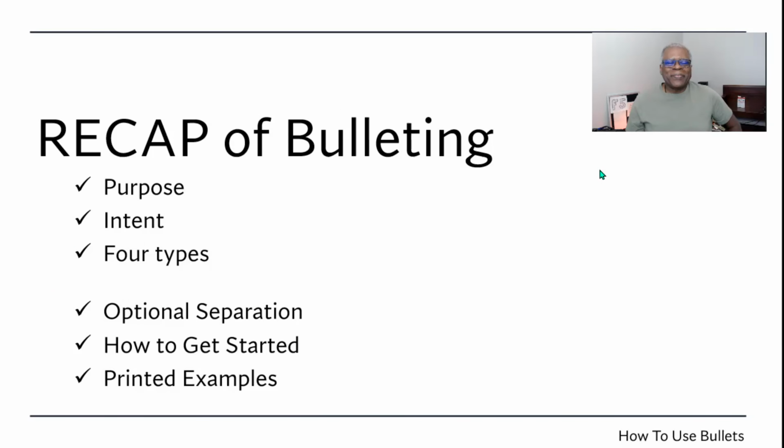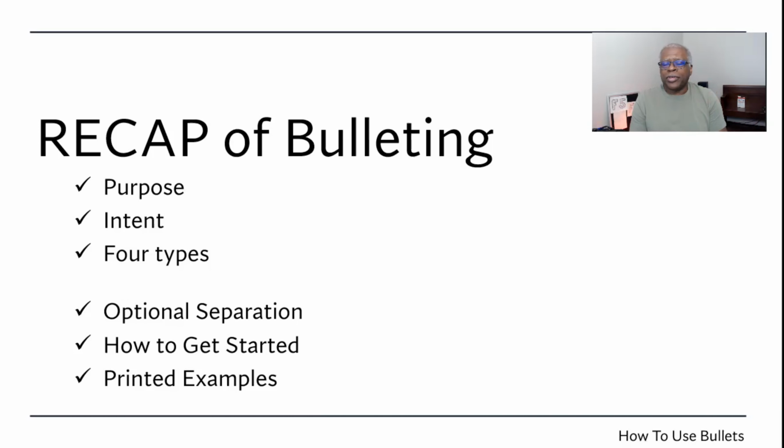So to recap, we've talked about the purpose of bulleting, the intent in plain language, the 4 different types: numerical, alphabetical, symbol, and a combination. We've talked about separating it optionally to make it easier on the viewer and the presenter, especially when you start getting into dialogue on certain bullet points that you want to discuss.